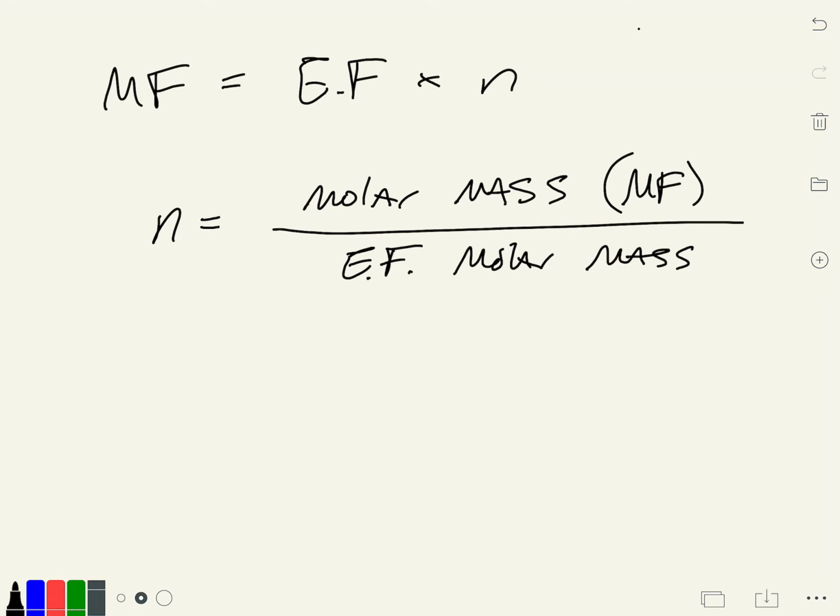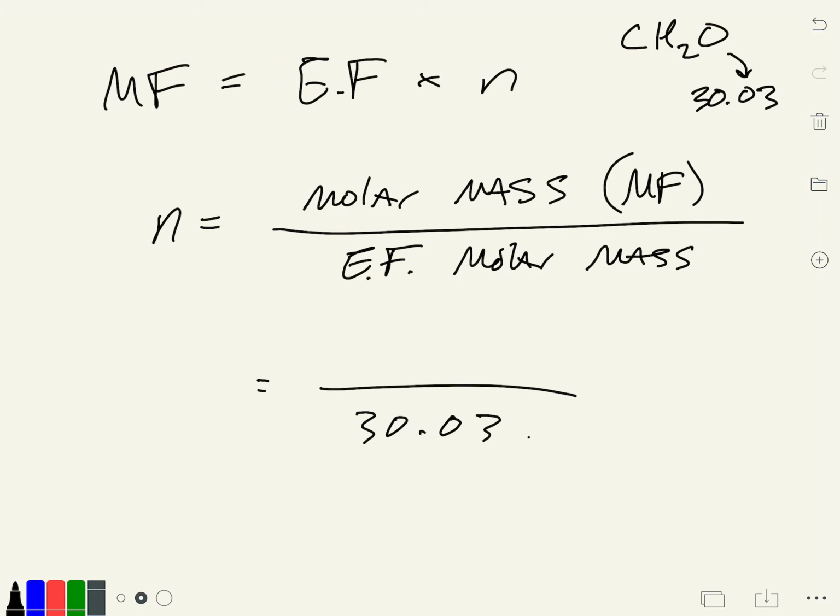If we just figured out that something was CH2O, we could actually calculate what the formula of that would be. For example, what would that be? CH2O is, I think, 30.03. 30.03. So we would stick that number in here. And you'd have to be given what the molar mass of the real thing was.